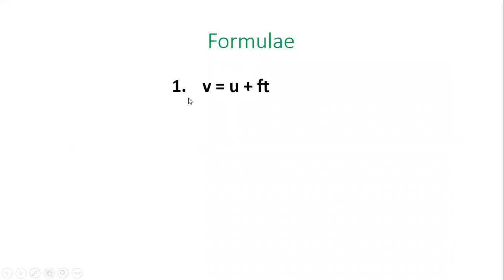Formula: v equals u plus ft, where v is final velocity, u is initial velocity, f is acceleration, t is time. For distance, we use this formula, s equals ut plus half ft square.